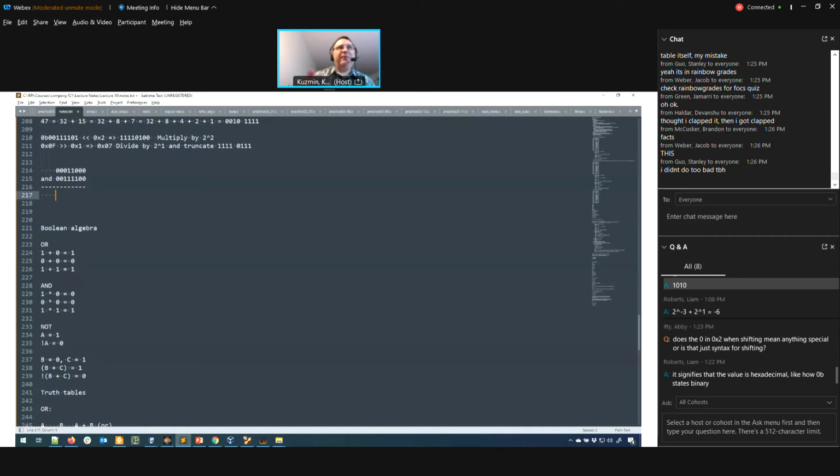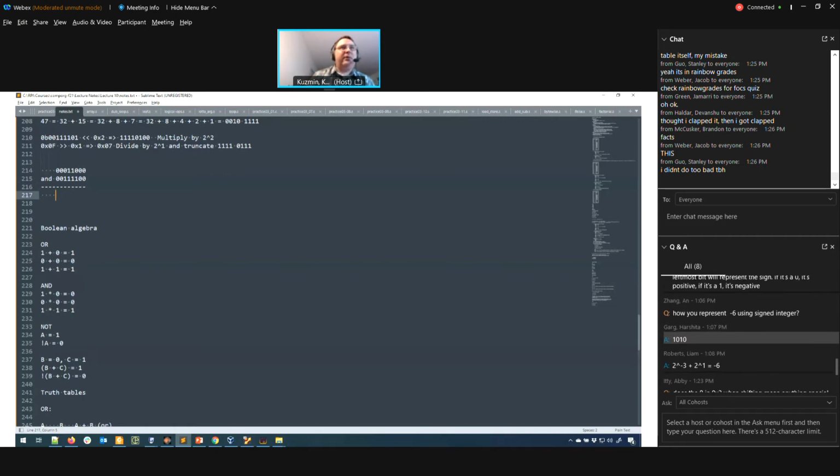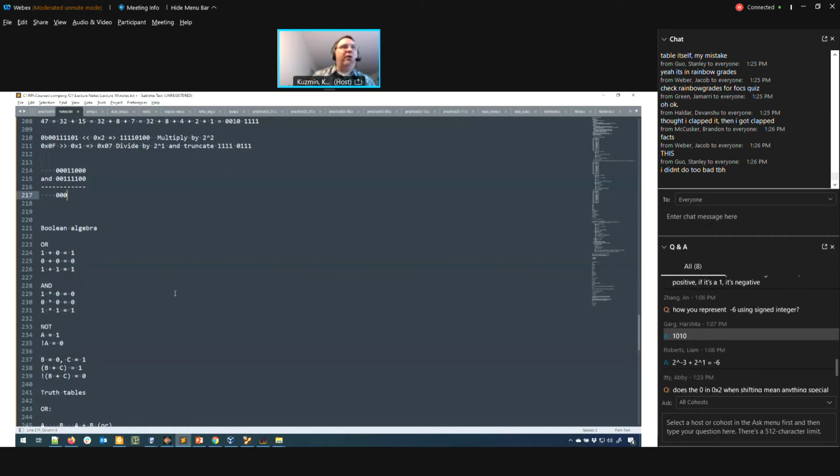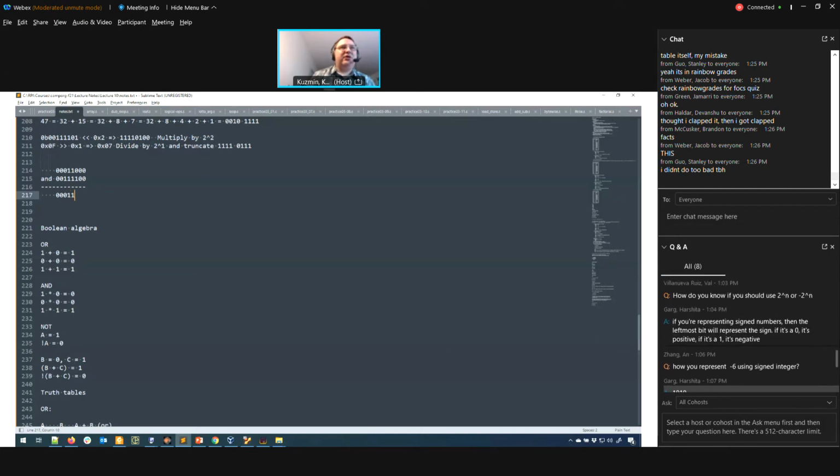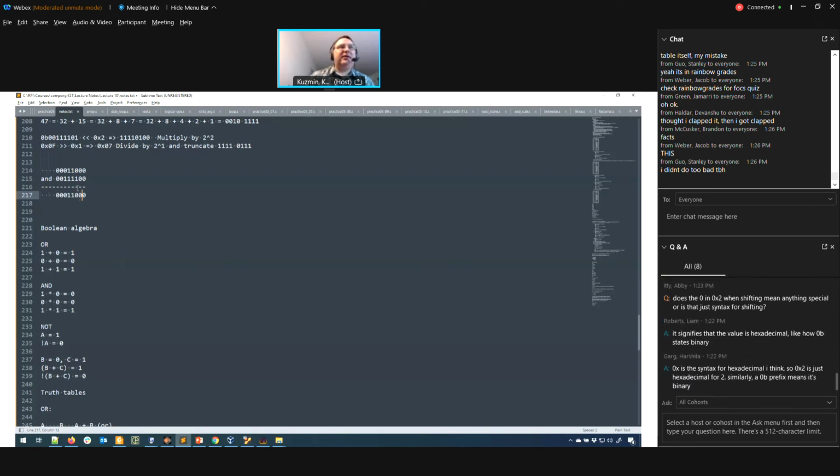Well, we are only going to have ones where we have ones in both the number and the mask, the original value and the mask. So the result is going to be this. So you can see that effectively we cleared all values from the original number where the mask had a 0.